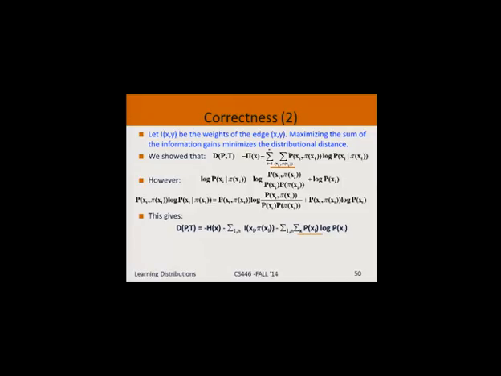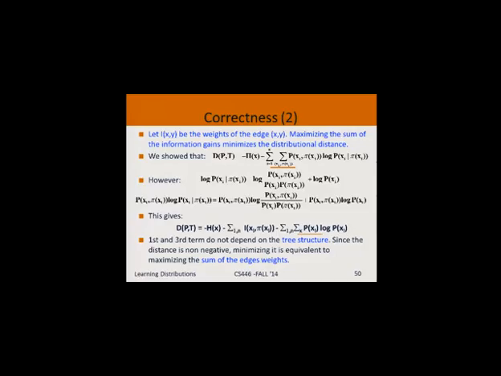And now the key observation is that if I want to maximize this, I notice that this has nothing to do with the tree, just a property of the originating distribution. And also this has nothing to do with the tree structure. The only thing that really matters here is this component. So if I want to maximize this, I need to maximize the information gain between every two nodes.